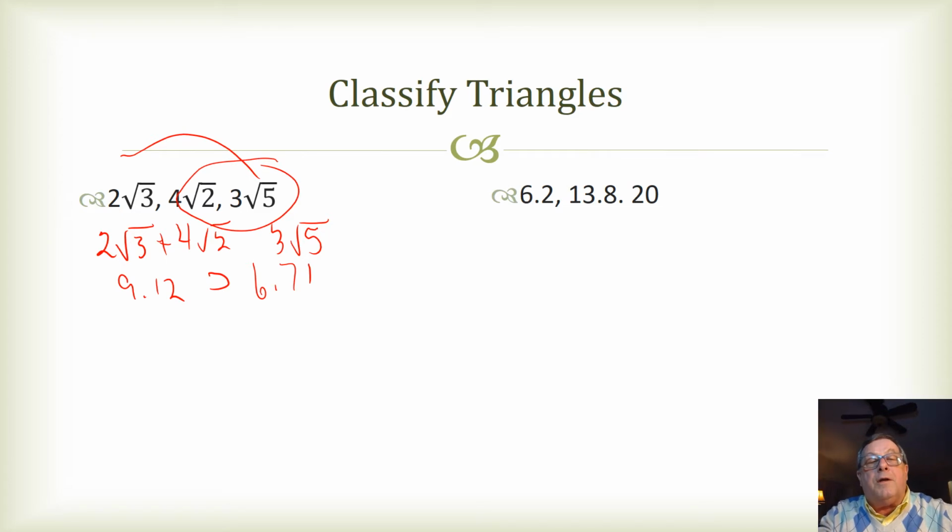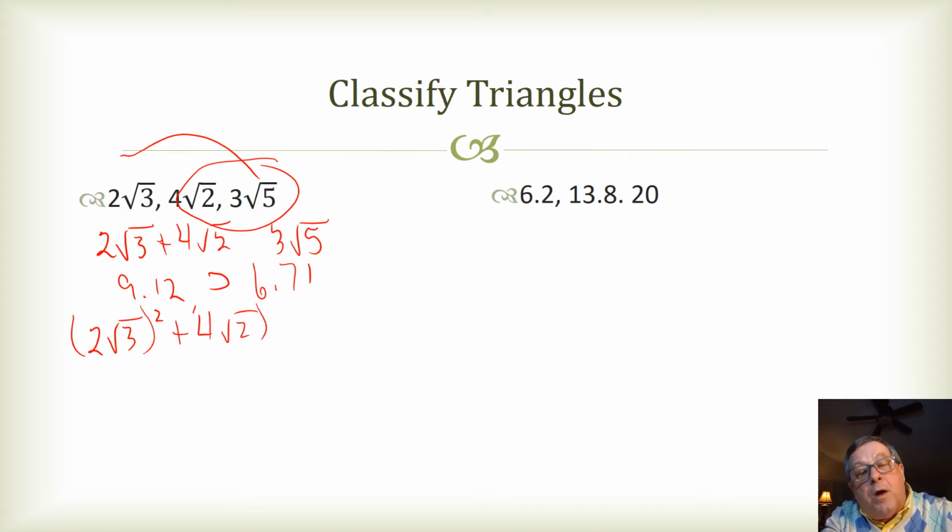So now we're going to determine how we're going to classify it. And again, we're going to set this up as 2 square root of 3 squared, a squared, plus 4 square root of 2 squared, b squared. And what's its relationship to 3 square root of 5 squared?